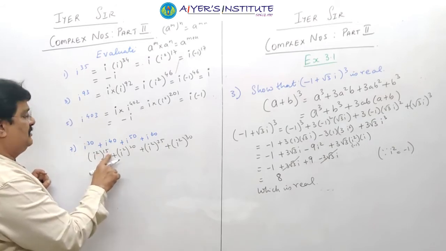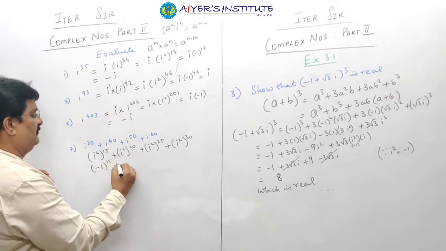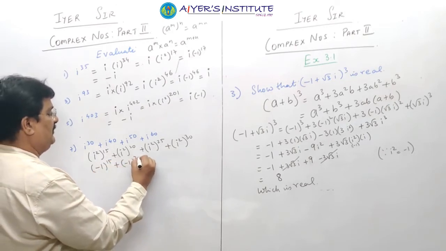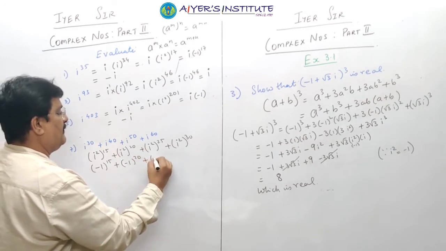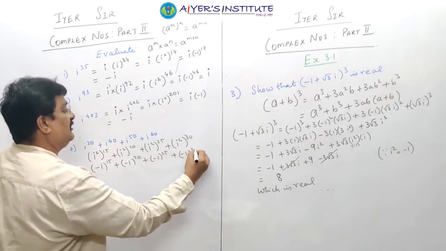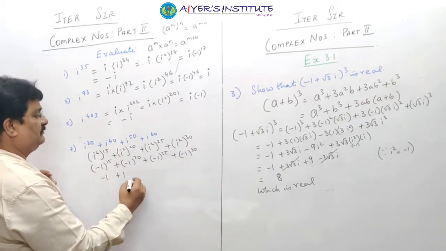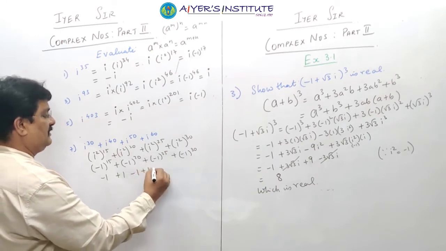If the number is odd, minus 1 remains. So this is like minus 1 raised to 15, minus 1 raised to 20, minus 1 raised to 25, minus 1 raised to 30. So this will be minus 1 plus 1 minus 1 plus 1. So it will be 0.